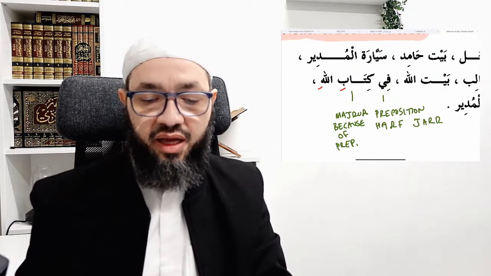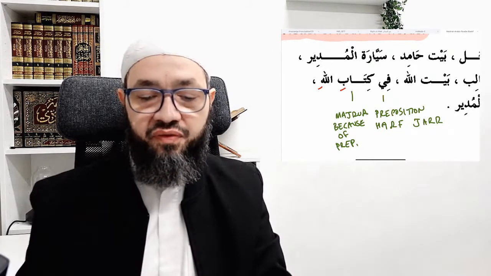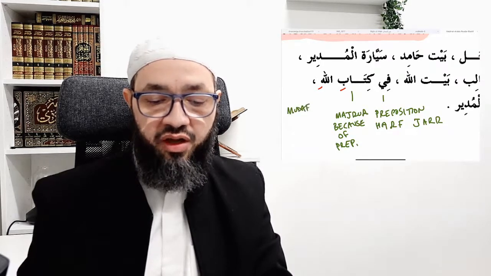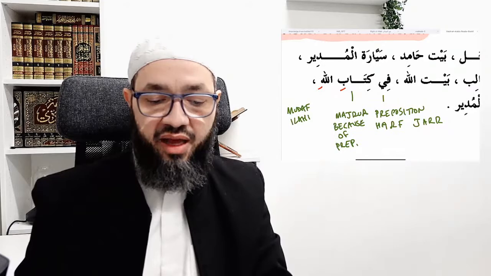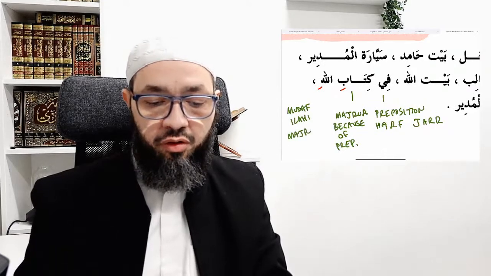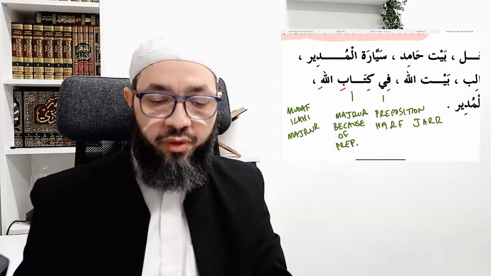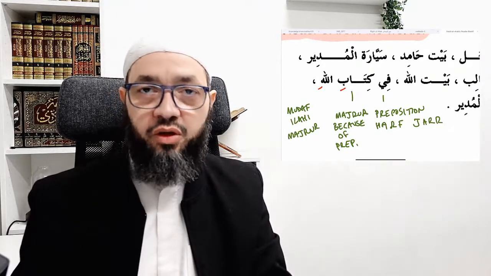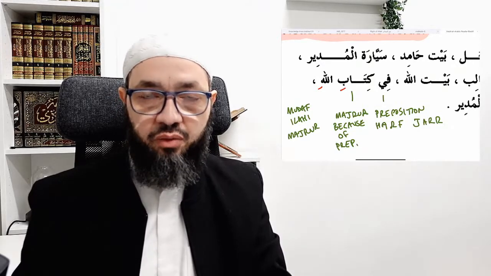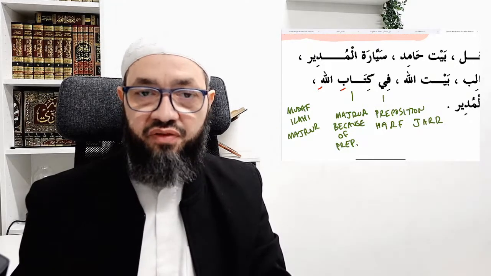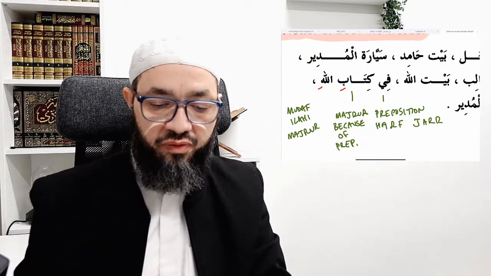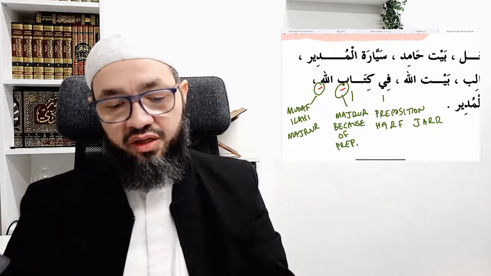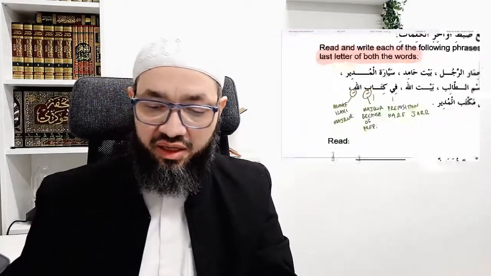Kitabillahi. Kitab is the mudaf, and Allahi is the mudaf ilayhi, and it's also majrur, but this time it's majrur because it's the mudaf ilayh, not because of a preposition. So the first word is majrur because of the preposition, and it's the mudaf. The second word is majrur because it's mudaf ilayh. Majrur, as we said before, means it takes a kasra ending.